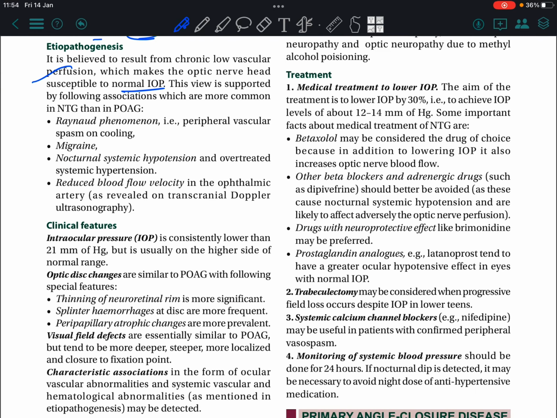IOP. The view is supported by the following associations, which are more common in NTG than in POAG: Raynaud phenomenon, peripheral vascular spasm on cooling, migraine, nocturnal systemic hypotension, overtreated systemic hypertension, reduced blood flow velocity in ophthalmic artery.